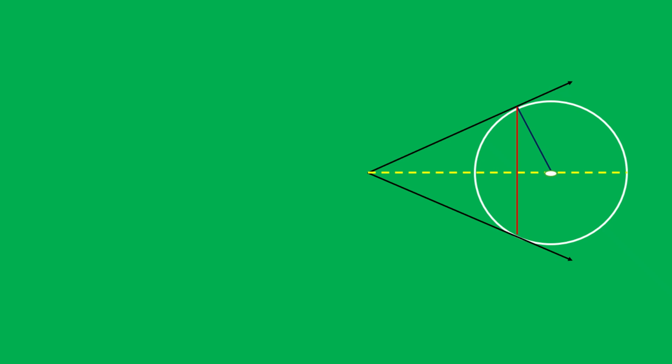Let's just continue our problem. This is O, this is M, this is N, this point is P, and this point is A. And we know MP is 4 centimeter, OM is 5, and OP is 3 centimeter. And radius will always be perpendicular to the tangent, which makes triangle AMO a right angled triangle, and when we apply Pythagoras theorem in this triangle, we get OA square is equal to OM square plus AM square.